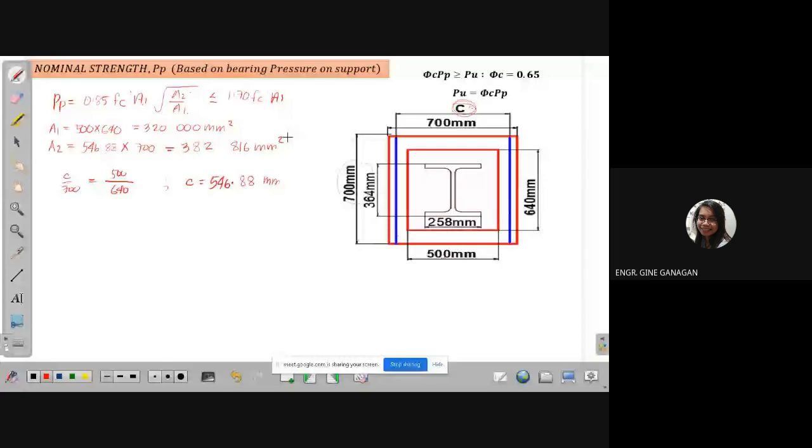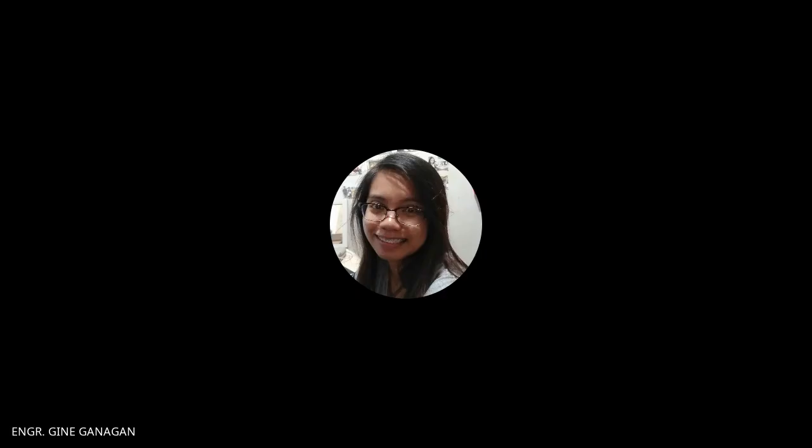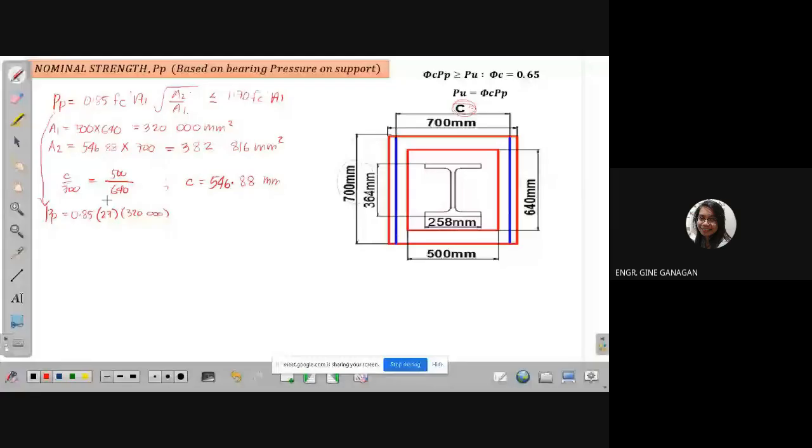Okay. So, meron na tayong values. We have to substitute now our values in our equation. Substituting yung values natin, that is 0.85. Ang FA prime natin is equal to 27. Ang ating area 1, that is 320,000 mm squared. So, huwag nyo malimutan yung mga unit natin, at hindi kayo malito kung ano yung final unit nito.